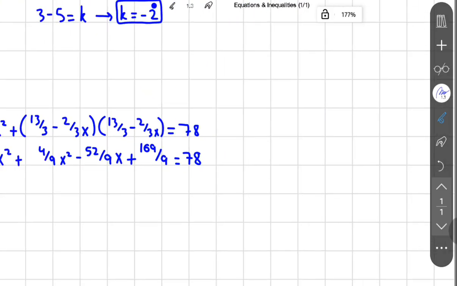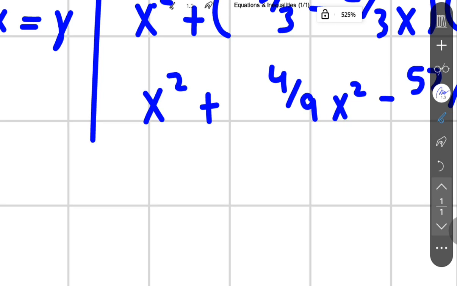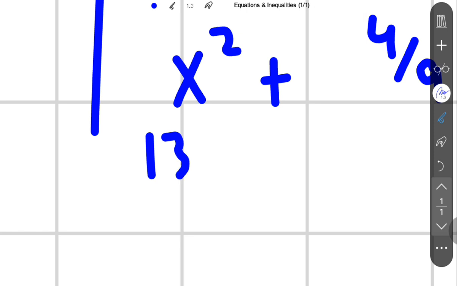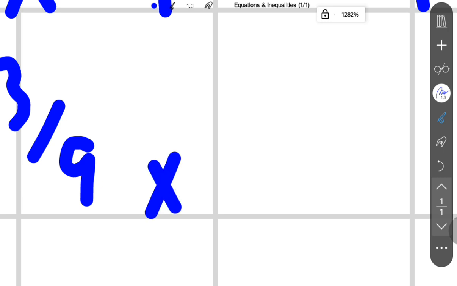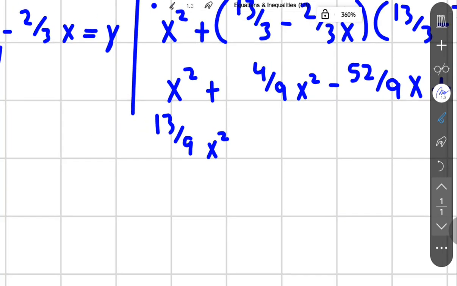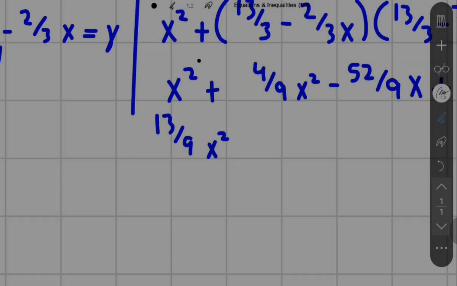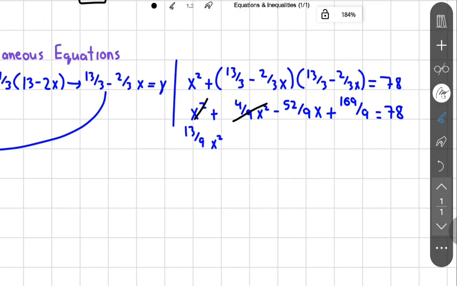Obviously, let me gather the like terms now. So we have x squared plus 4 over 9 x squared. So that's basically 13 over 9, I think, right? Let me just make sure. 1 plus 4 over 9. Yeah, that's 13 over 9 x squared. And we have negative 52 over 9 x.